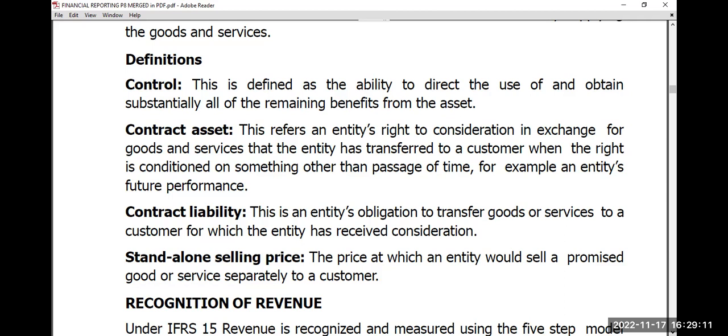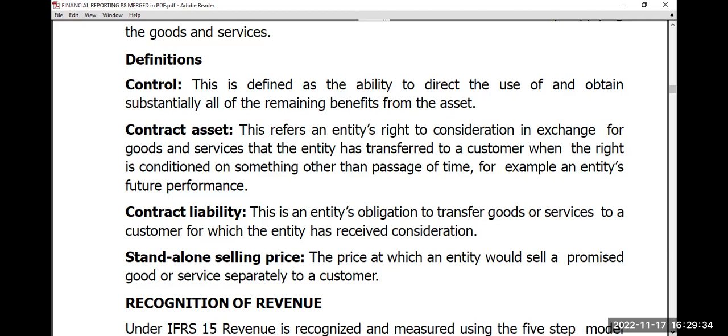Basically, we can try to look at an example. Let's say you have acquired a contract, and you are required to supply a given number of tons of coffee to a given company.